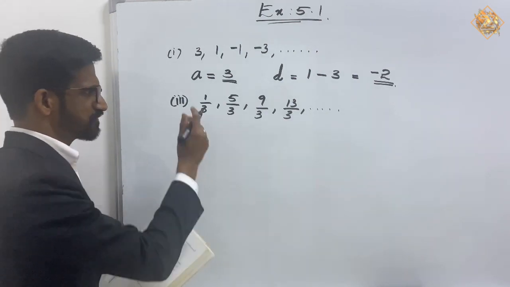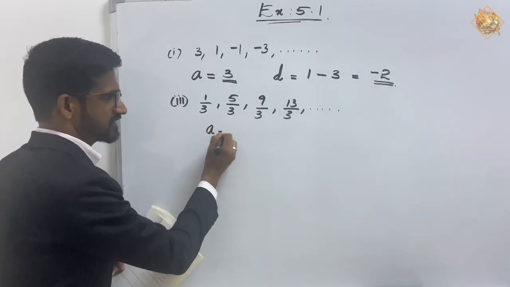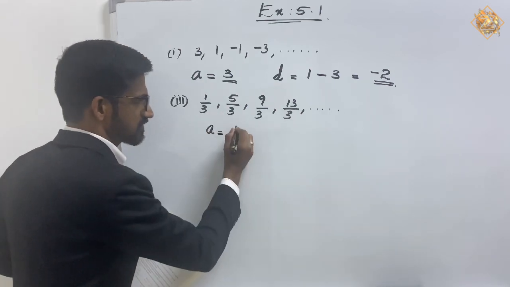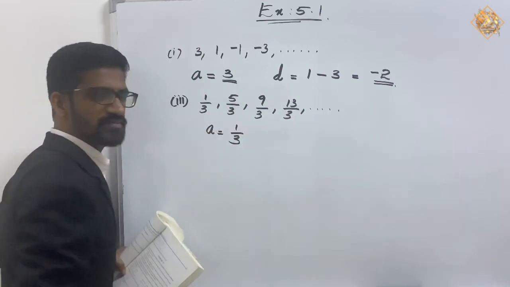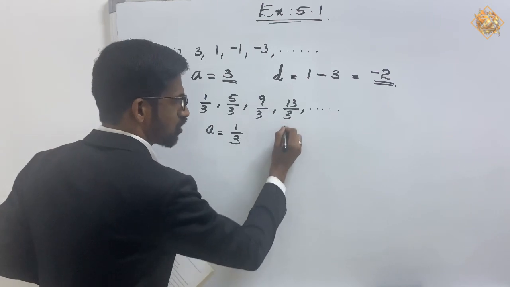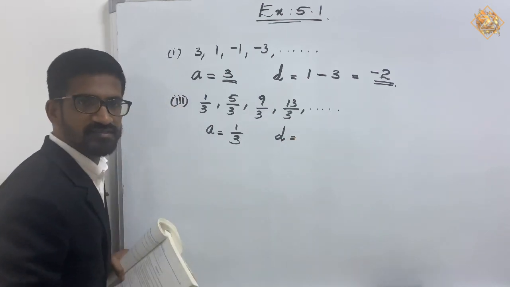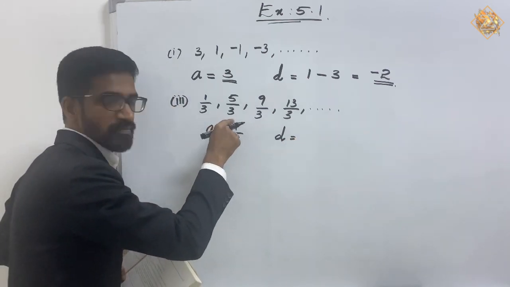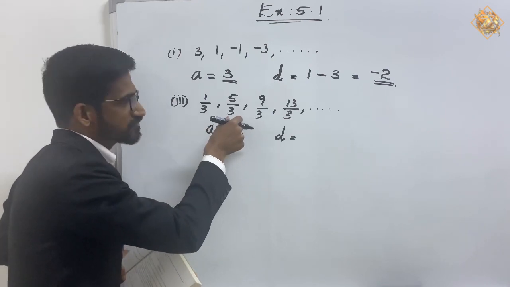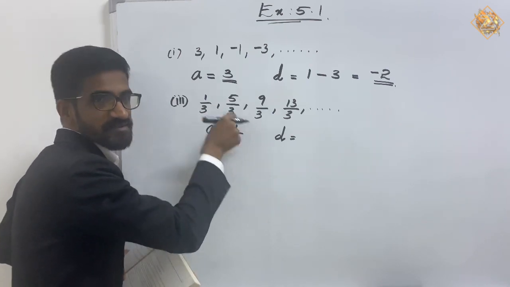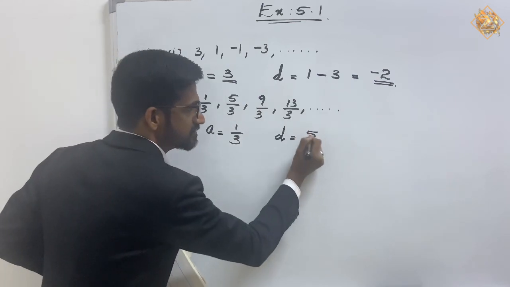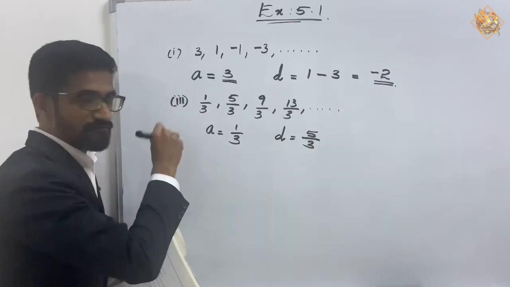Here also we have to find the first term. Easy, isn't it? The first term of the AP is 1 by 3. And now we have to find the common difference. How can we find it? Always keep in your mind, to get the common difference, we have to subtract first term from the second term.